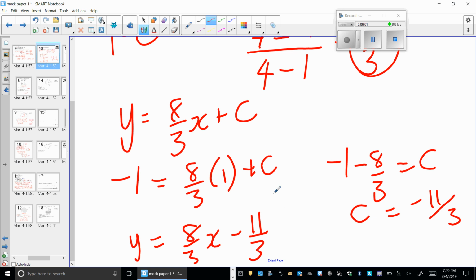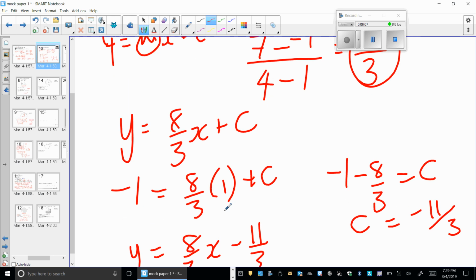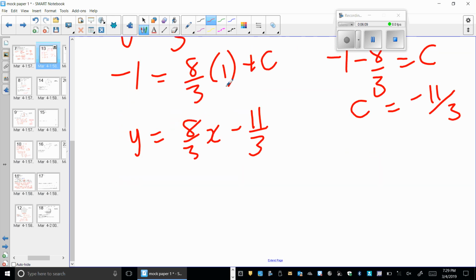Alright, so we think we're done. However, when we go back here, they want it in this format. Remember, the integer means it has to be a whole number. So to make everything whole numbers, we would multiply everything by 3, and that will get rid of both of our denominators at once. So this now becomes 3y equals 8x take away 11. They want the x and the y together.